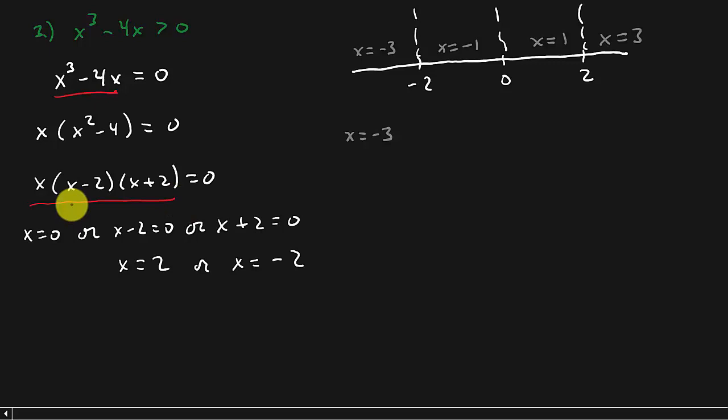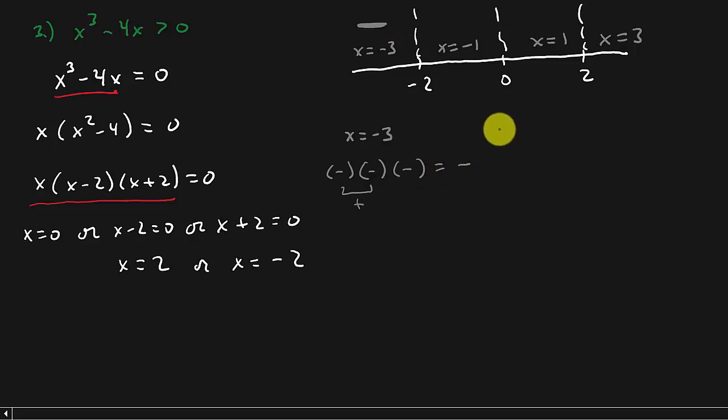So if I plug -3 in for x, into each x here, that's going to be -3, which is negative. Plug the -3 into here, -3 minus 2 is -5, which is negative. And -3 plus 2 is -1, which is negative. So a negative times a negative would be a positive. And then a positive times a negative is negative. So these would be negative solutions.